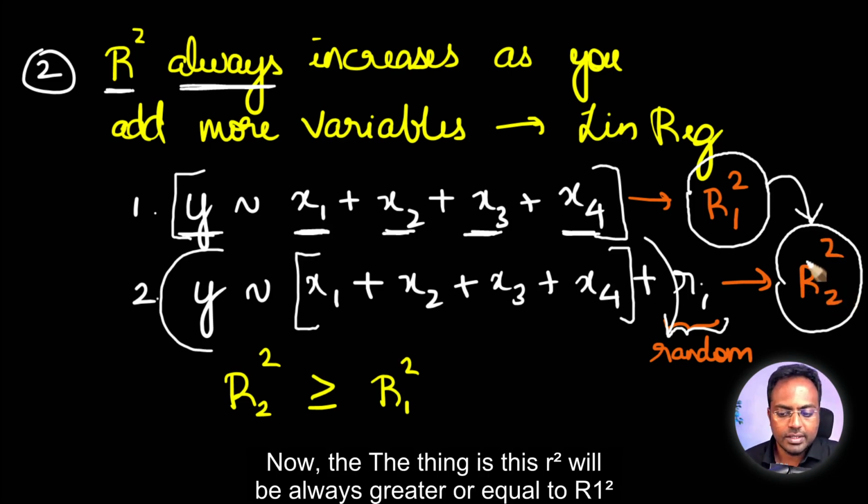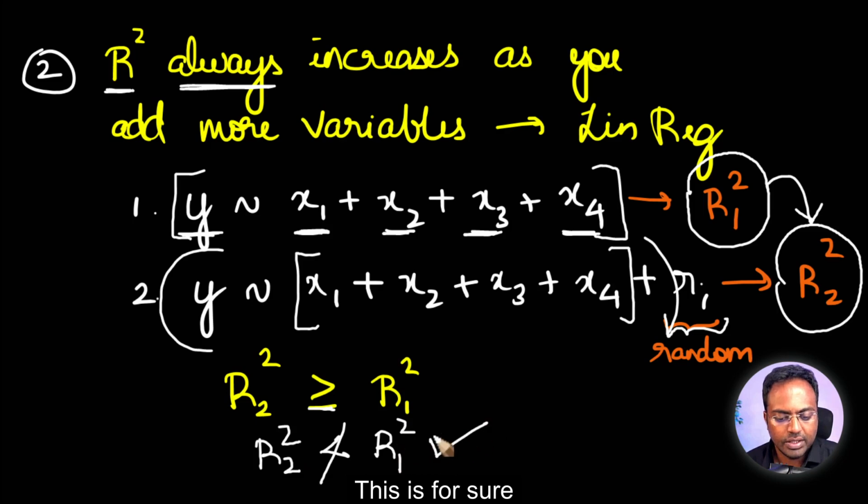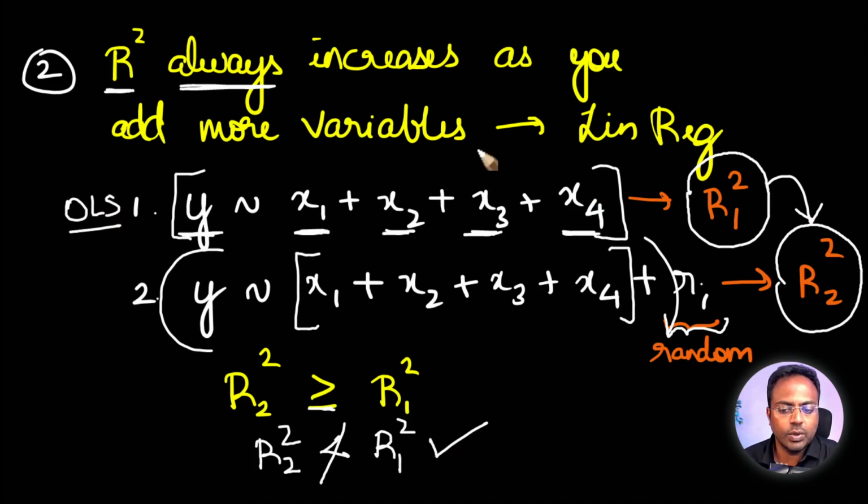Now the thing is, this R2 square will always be greater than or equal to R1 square. R2 square will never be lesser than R1 square. This is for sure. Now why is this the case? Because linear regression, typically OLS, ordinary least squares regression, works in such a way that the original variables x1, x2, x3, x4 try to explain a certain amount of variability that is present in Y. Now you are introducing a new variable here.